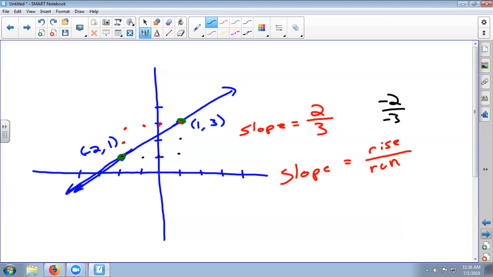Oh, the negatives cancel, right? The negatives are going to cancel, leaving a positive 2/3. The slope is a positive 2/3. If the slope is positive, then the graph went up from left to right.